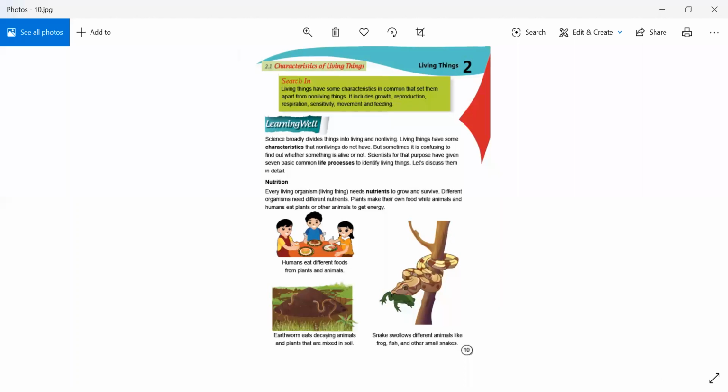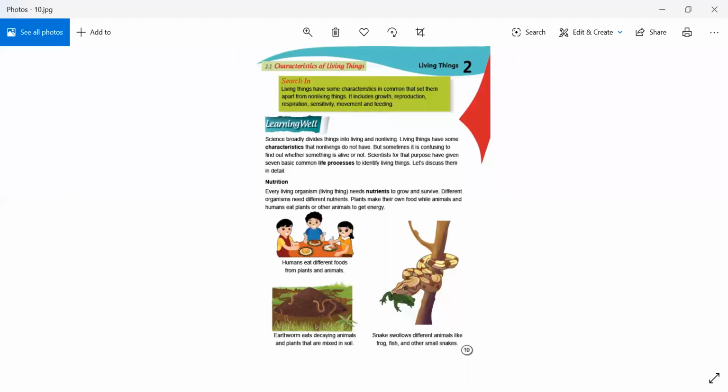So these are the food that we are eating from the plant. How we can eat the food from animals? Like I told you, we can eat chicken, we can eat meat, we can eat mutton. So these are the examples that we human beings eat different foods.